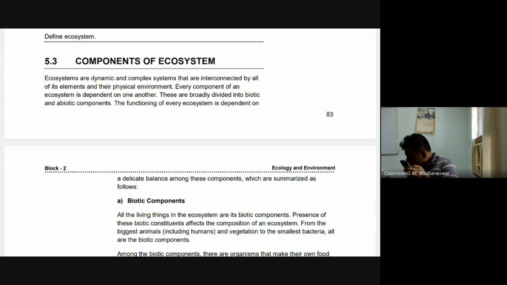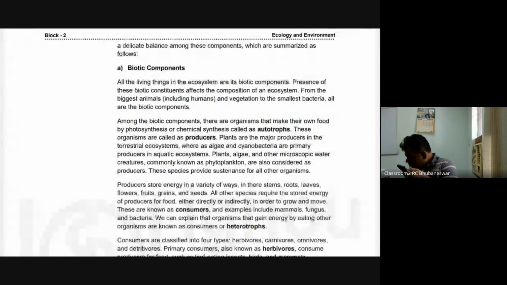Here, what do you mean by biotic component? Within an ecosystem, you have different units or elements. One of the elements is the biotic element or biotic component. Biotic components are the living things within the ecosystem, and the presence of these biotic elements affects the composition of any ecosystem.